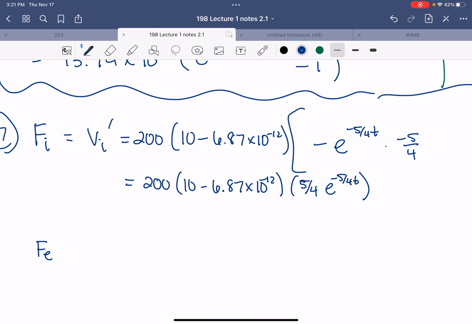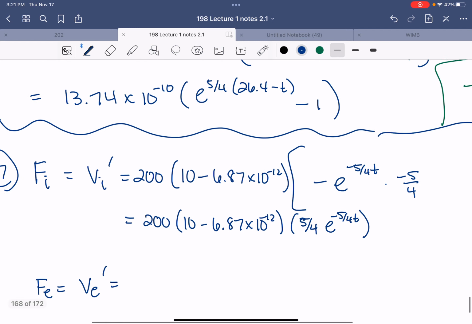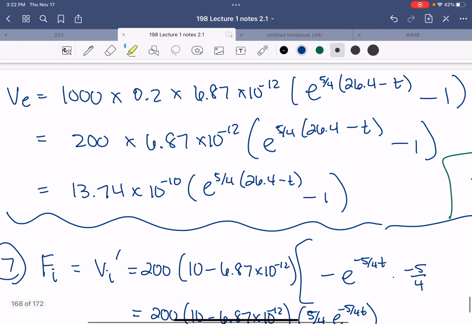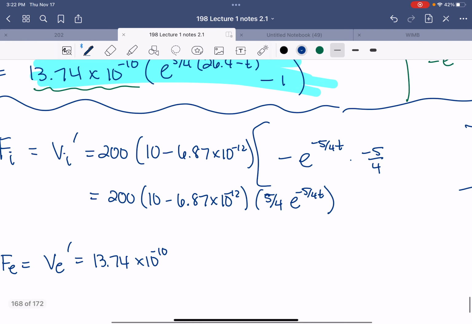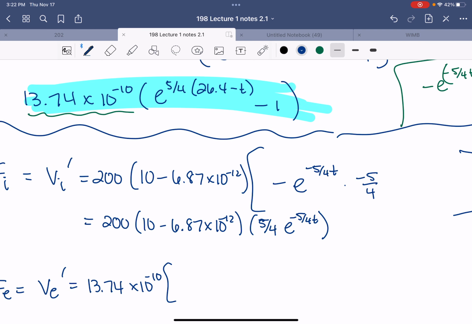We've got to then do the same thing with my expiration. So we've got to take VE and take its derivative. Well, VE is right here. So again, we have this number sitting out front. So you have a number out front. We're going to take that with us. So the derivative is going to be 13.74 times 10 to the negative 10. Then we've got our function piece inside.